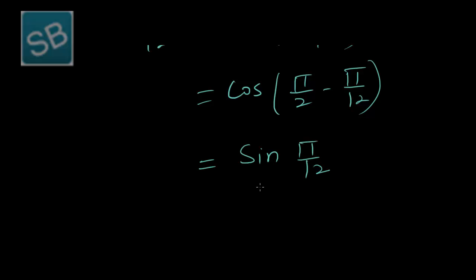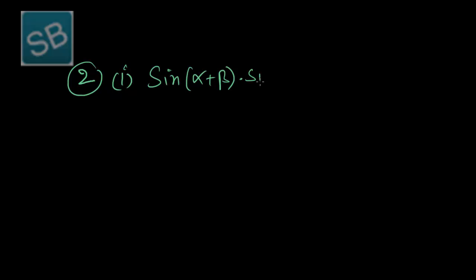So it is sin pi by 12, whose value is (root 6 minus root 2) over 4. So by using these values, we can find other such values. The addition formula plays a very important role in finding the typical values of sine and cosine functions.